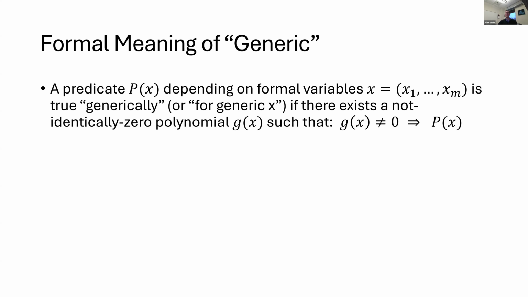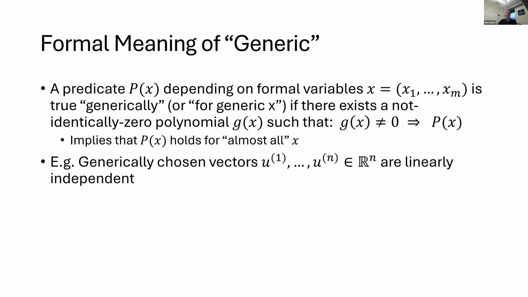The meaning of that is that there exists a polynomial that's not identically zero, so that as long as that polynomial doesn't vanish on your input, the predicate must hold on the input. And so if you have this, it means that the predicate has to hold for almost all x, all but a measure zero set. An instructive example to think about here is that if I choose n different vectors in dimension n, then generically, these will be linearly independent.